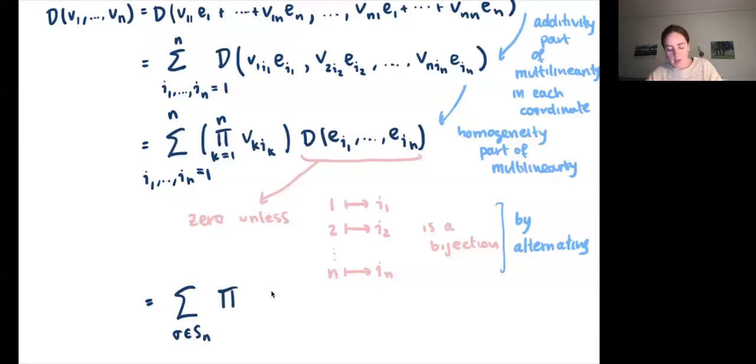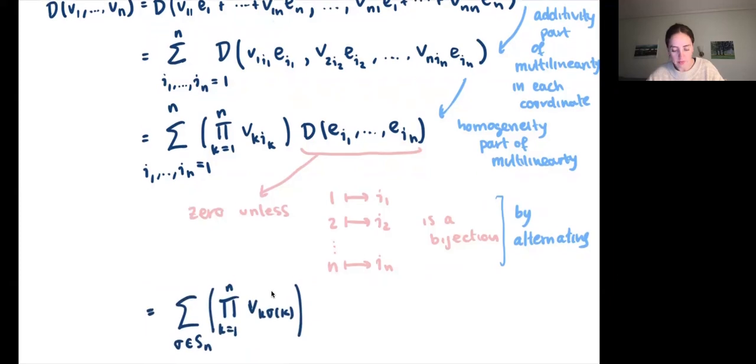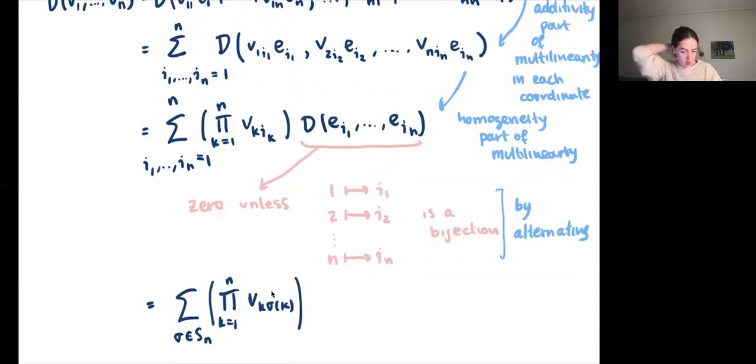We're going to have the product as k goes from 1 up to n of v k sigma of k, and then we're taking the d of e sigma of 1 up to e sigma of n.